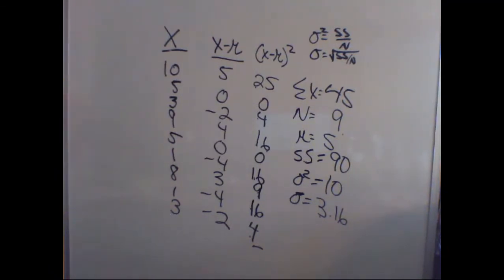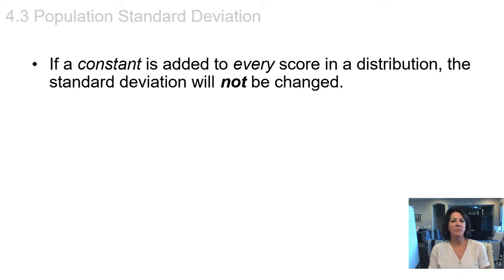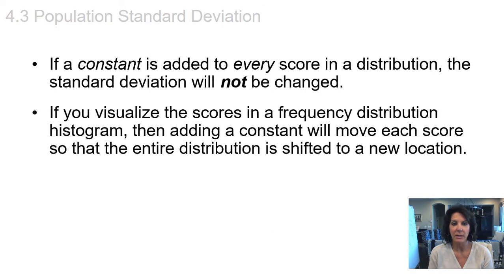There you go. So let's talk about a couple different ways of playing with standard deviation. If a constant is added, which means the same number is added to every score in the distribution, the standard deviation doesn't change. Because you're just moving the center of the distribution over, but the distance between the scores doesn't change.